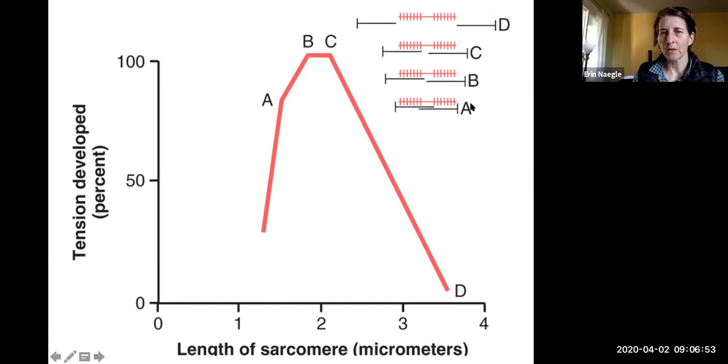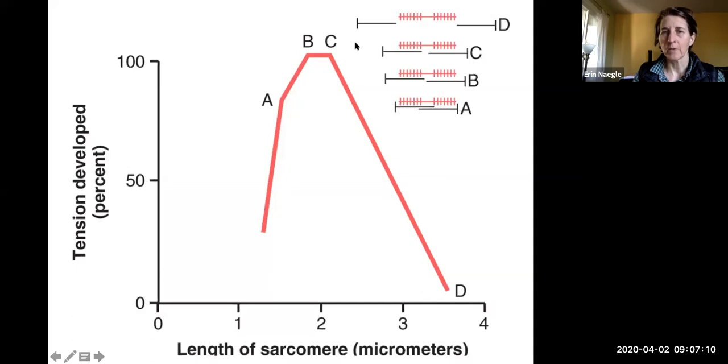But if we already started a bit too contracted, then there's not as much space for the actin and myosin to go. There's less pulling power of our myosin on our actin if we were already starting somewhat overlapped.